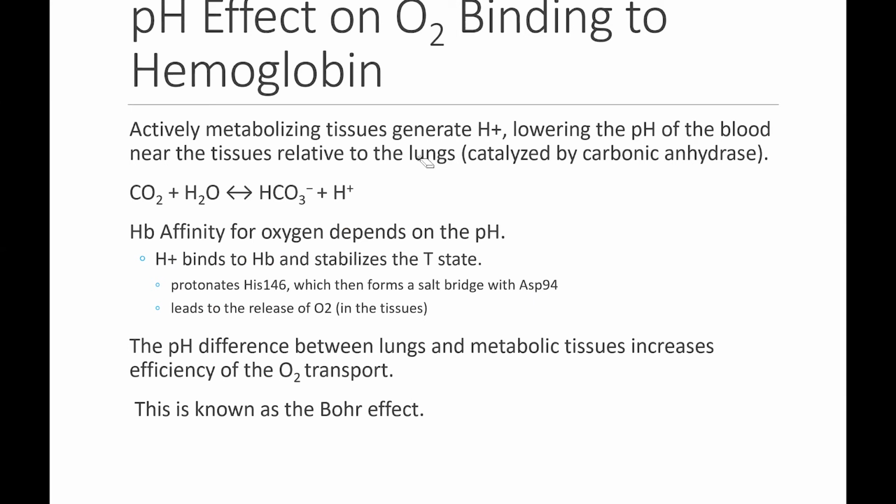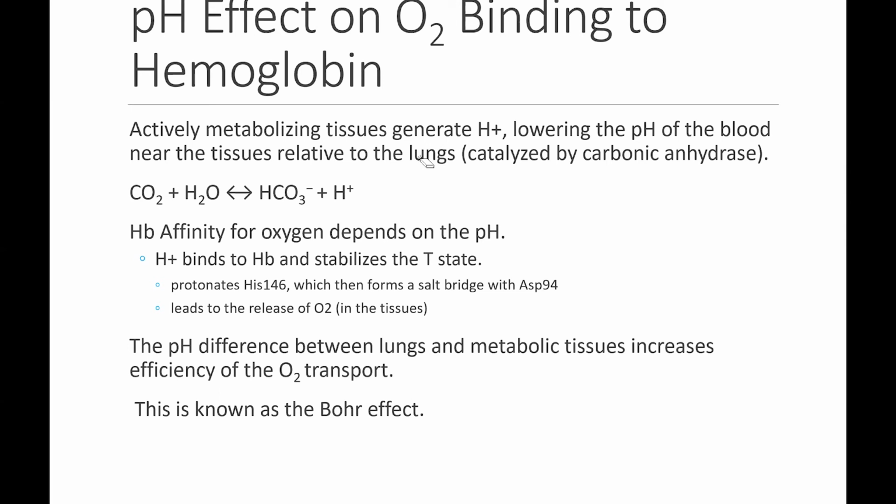And this again might make intuitive sense. We can think about how oxygen and carbon dioxide are related to pH in the blood and how that will then affect hemoglobin in the blood.